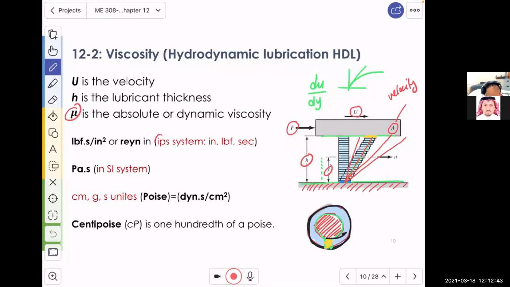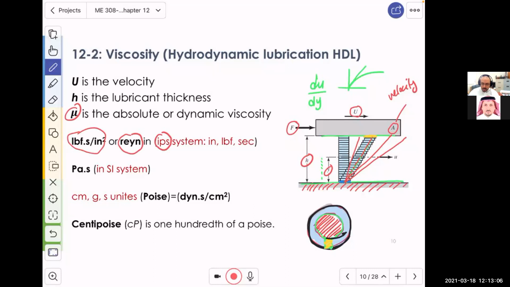In the IPS system, which is inch, pound, and second, it is pound force second per inch square. This pound force second per inch square is abbreviated, just like a Newton per meter square, which is Pascal, is abbreviated as Reyn, from the scientist Reynolds, okay?